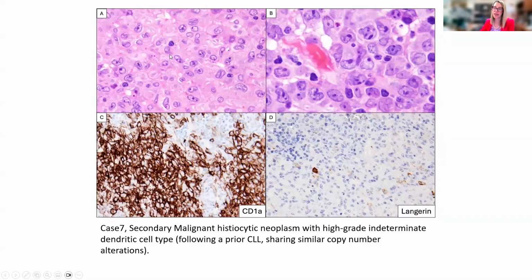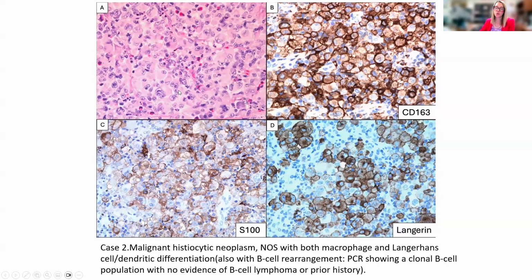This is another secondary case. This one had really scant, no longer in staining, so fit into that more indeterminate dendritic cell subtype with high expression of CD1A. This was a case that fit more with this newer sort of what we're calling the not otherwise specified category, in which you had these large malignant cells, but they also had both a more macrophage CD163 expression as well as dendritic staining with S100 and longer in.